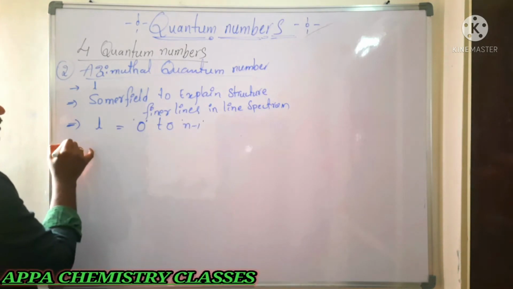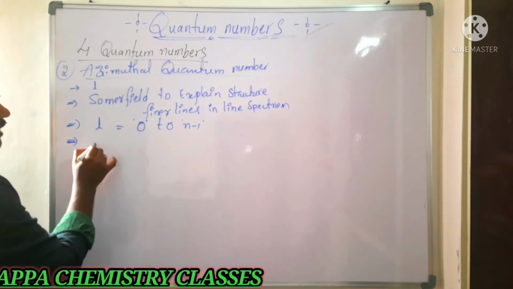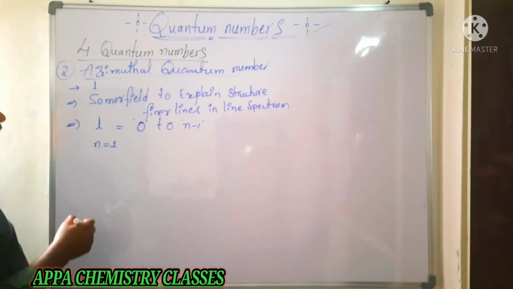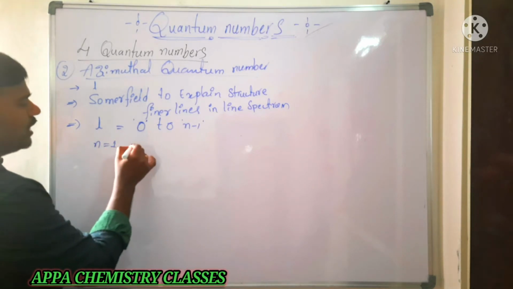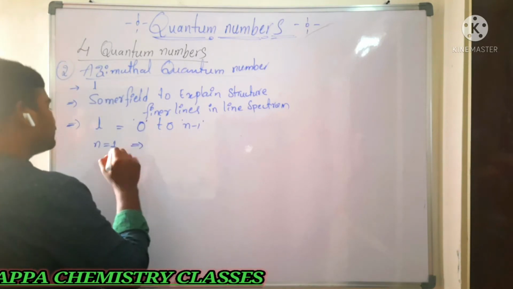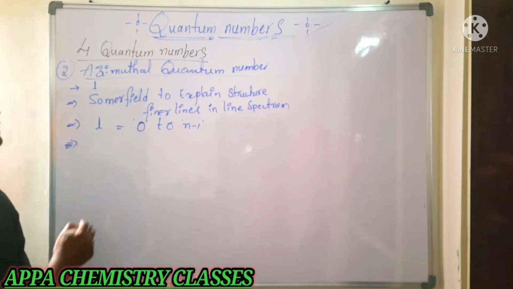Now, for example, if you take n equal to 1, that is the first energy cell, what type of subcell is present here? First we will see what it signifies. After that we will come to this point.